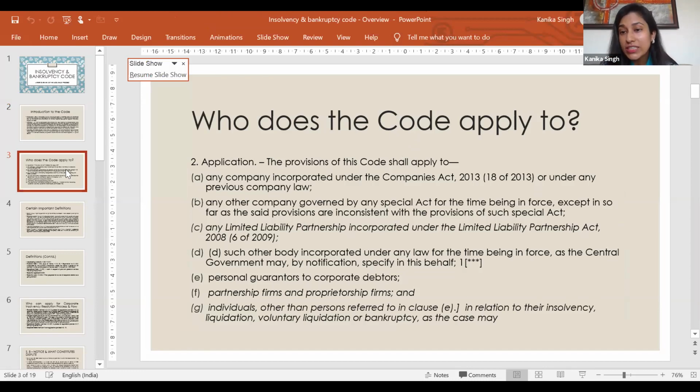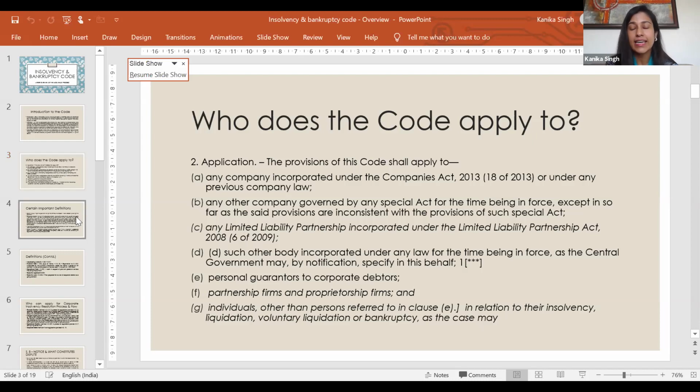What is important here is that right now, only the provisions of the code insofar as they deal with companies have been notified. The remaining provisions with regards to partnership firms and individuals so far have not been notified. So far you cannot bring an action against an individual or a partnership firm or a proprietorship firm for insolvency. Your remedy is only if the corporate debtor is a company.